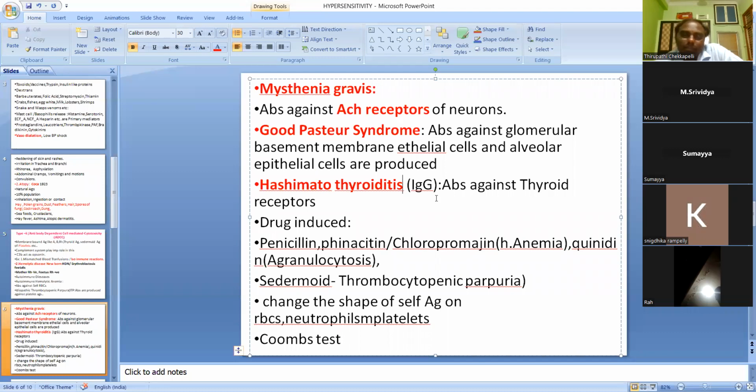So antibodies are produced against those altered receptor proteins. That leads to hypothyroidism, that is called Hashimoto thyroiditis. All these are autoimmune diseases also, and also examples for type 2 hypersensitivity. And the last one is drug induced hypersensitivity in type 2.